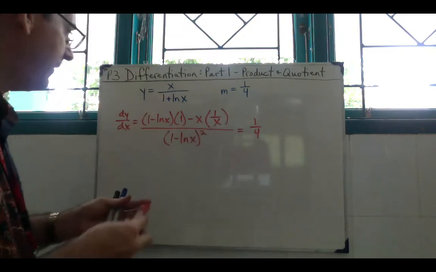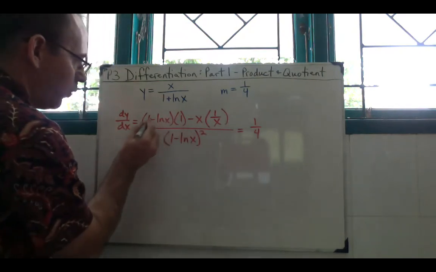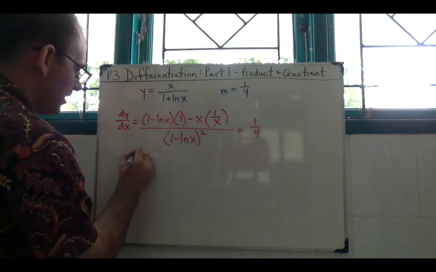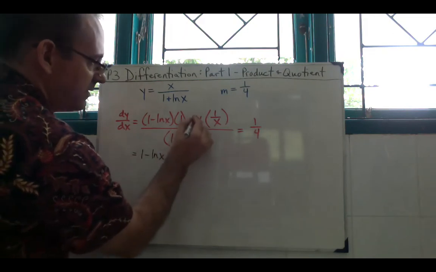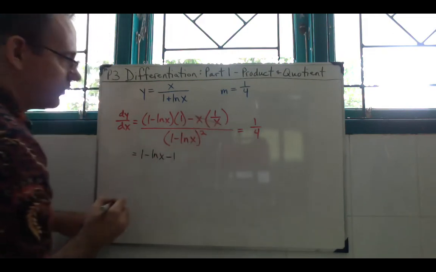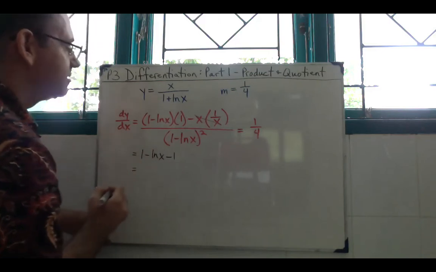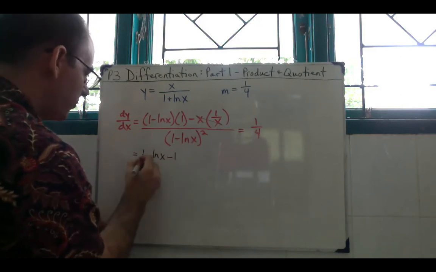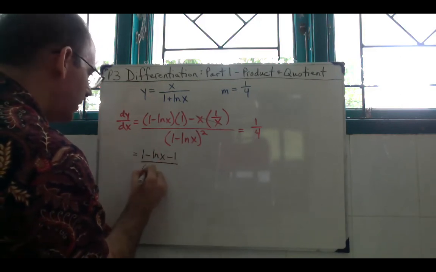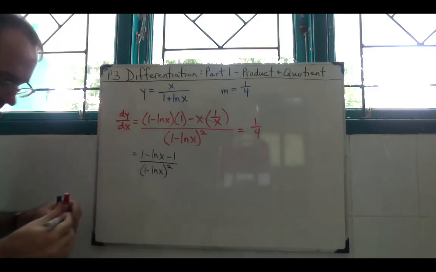So now we want to clean this up, and what we get is 1 times this is 1 minus ln x, and then these cancel and we get minus 1, equals, over our 1 minus ln x squared.